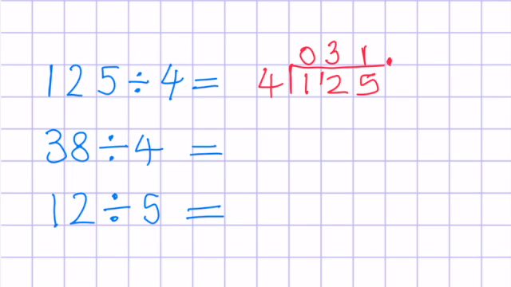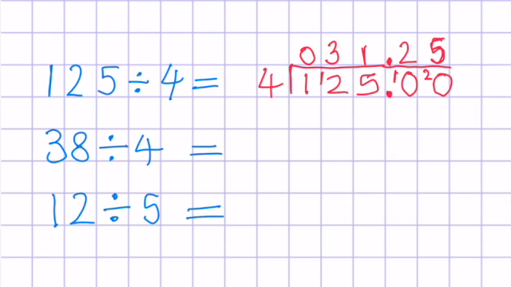So we put our decimal place. There's our remainder, 1, and there's the 0. Let's extend our bus stop. 4 goes into 10 2 times with a remainder of 2. So we'll carry on now to the hundredths column. 4 goes into 20 5 times. So the answer is 31.25.